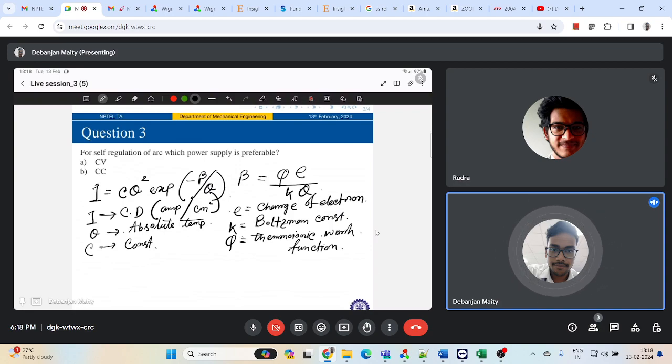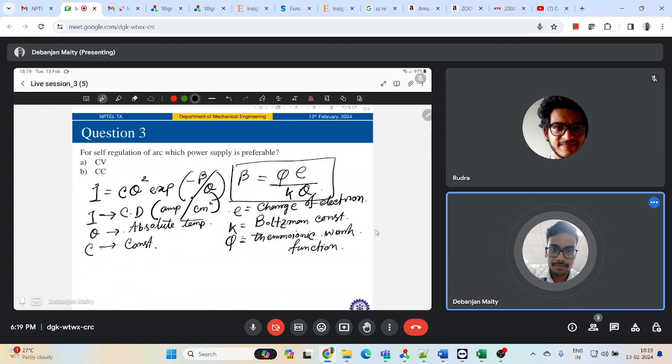The value of phi for some common metals can be known, like for aluminium, copper, iron, tungsten, sodium, nickel. For these materials, which you use in everyday purposes, you know their work function.